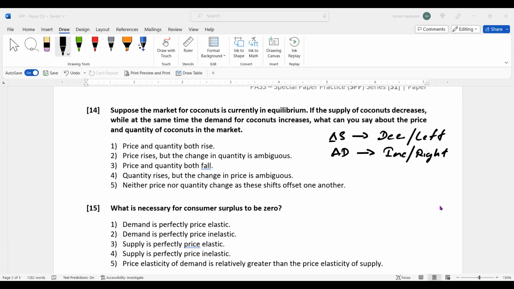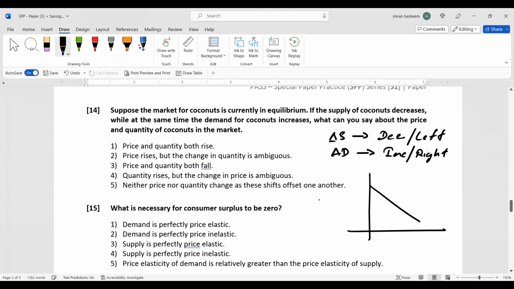So when you drew this, what would you have come up with? What kind of a diagram would appear? We have demand, we have supply, equilibrium, price, quantity.